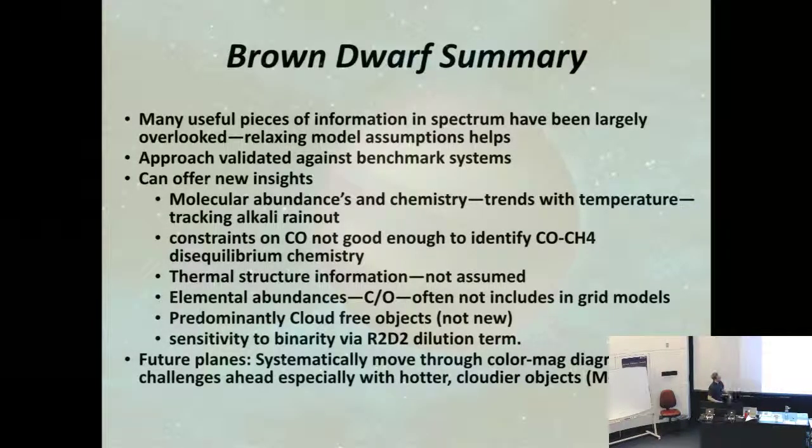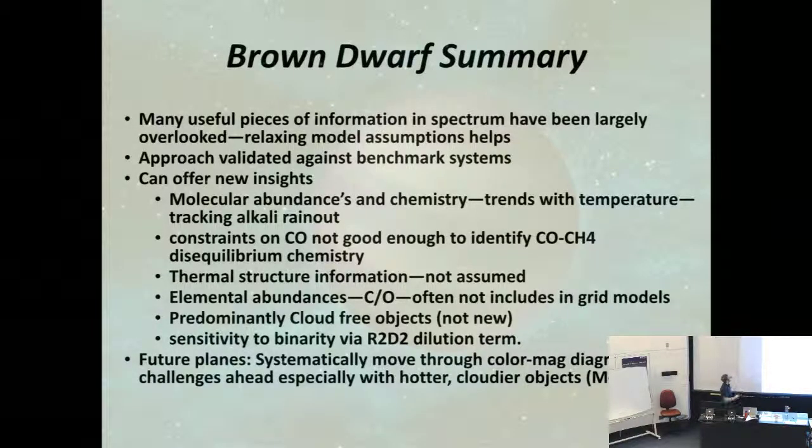So here's my quick roadmap summary of the brown dwarfs. I think I'm actually going to get to the exoplanets. Oh, shucks. So there are many useful pieces of information in a spectrum that have been largely overlooked. Relaxing these model assumptions can help. We would have never pulled out that alkali metal abundance trend if we had just tried to slap self-consistent models on top of these things.